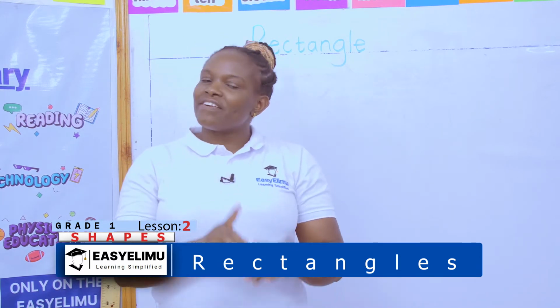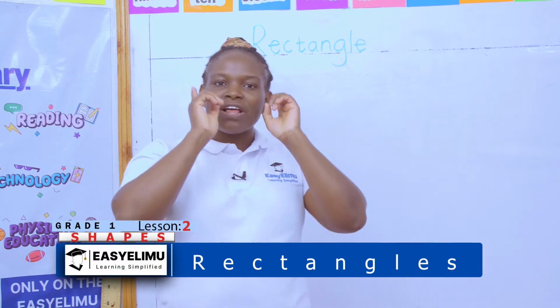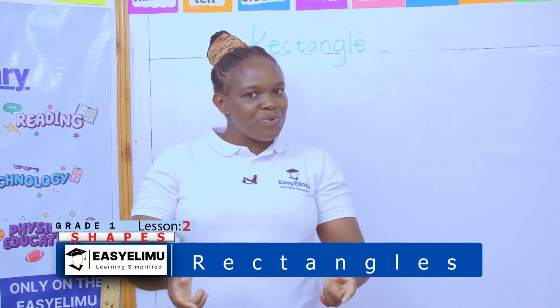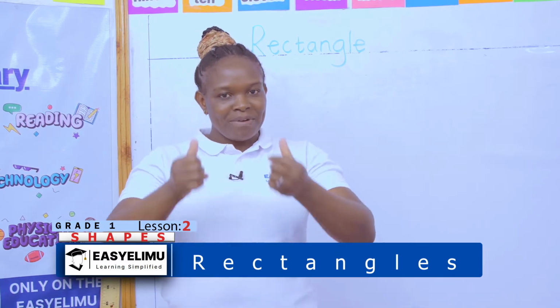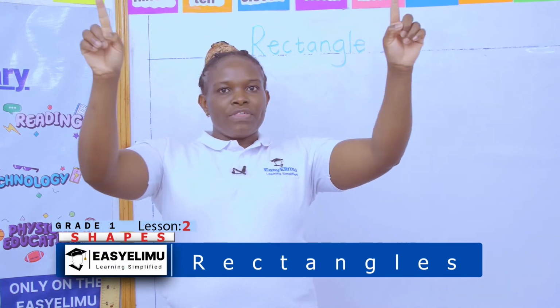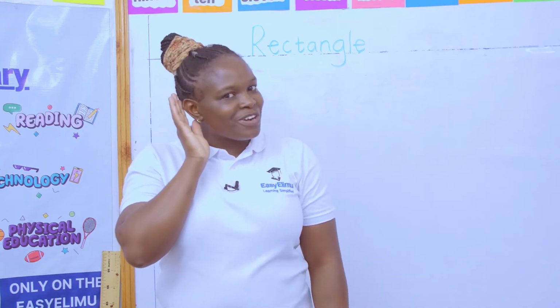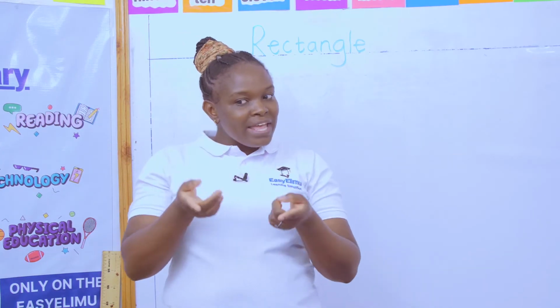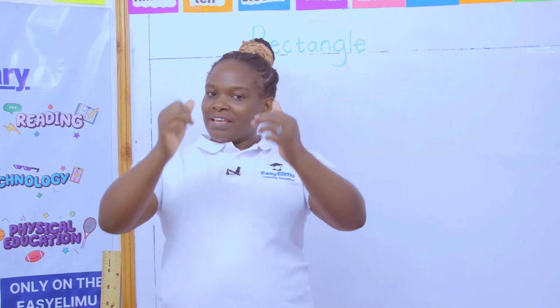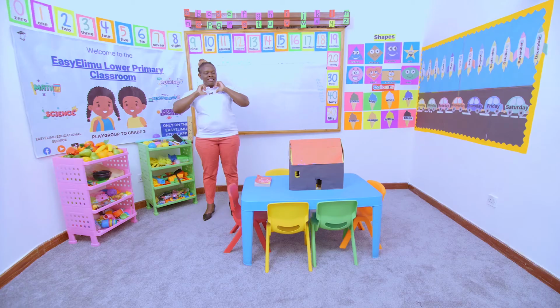Mr. Rectangle, where are you? Here I am, with my four sides. Now, sing along. Mr. Rectangle, where are you? Here I am, with my four sides.